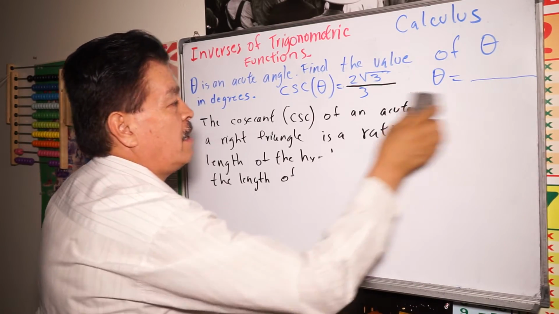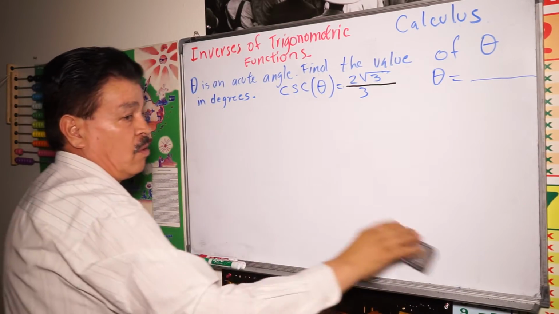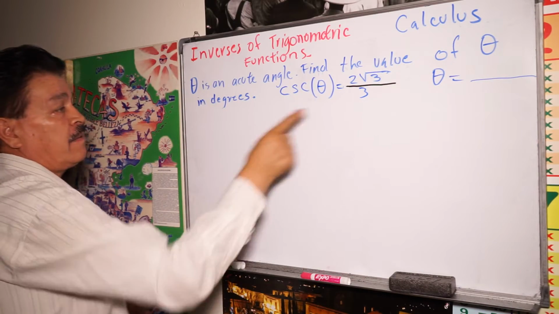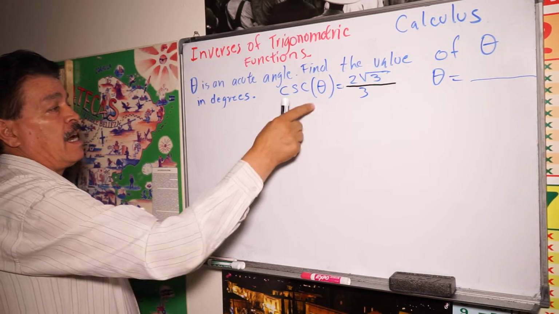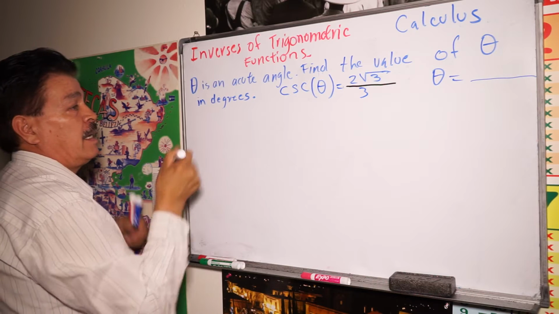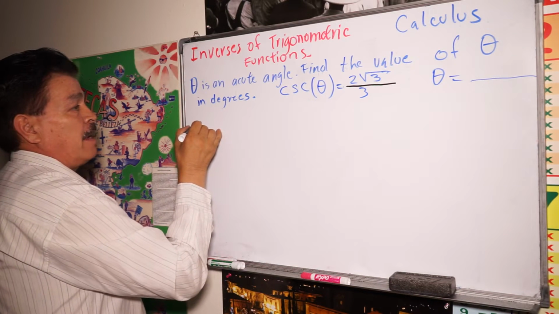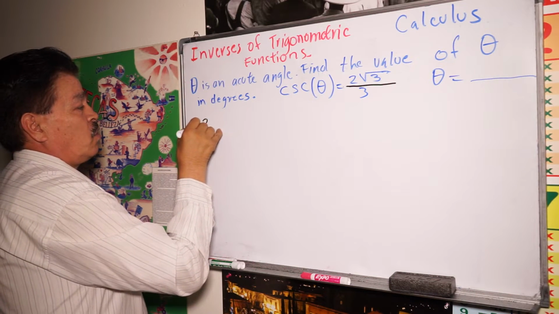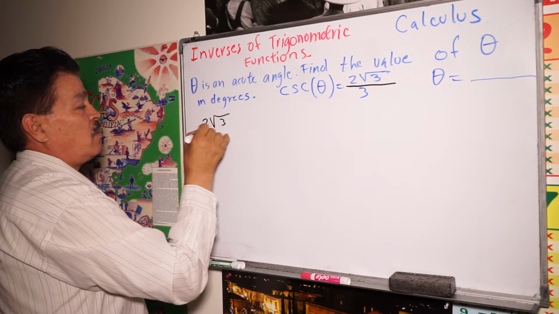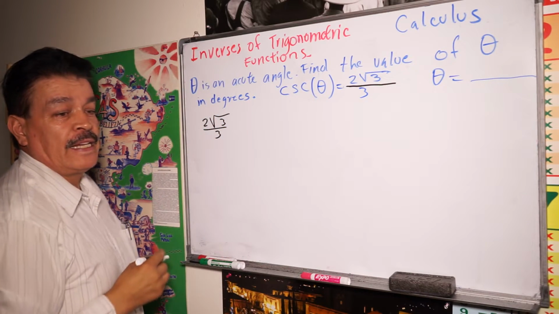Let's go and try to solve the problem. So C is 2 times square root 3 divided by 3, the cosecant.